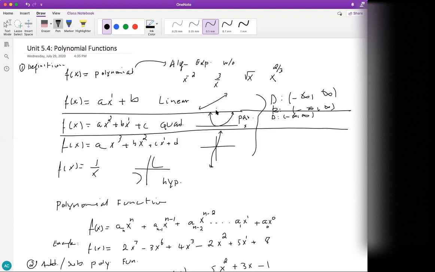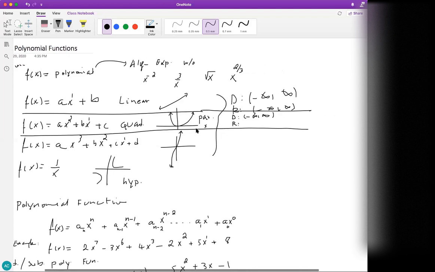What about the range, for example, of this graph? Is it always fixed or does it change? The quadratic function is not always like this. The parabola could be shifted up, maybe down, maybe left, maybe right. So the range is not always fixed.